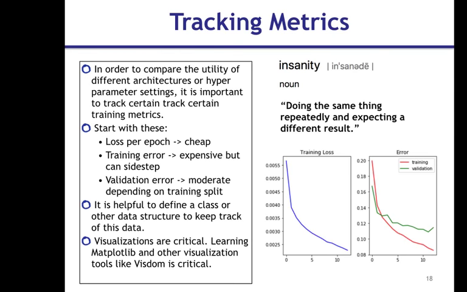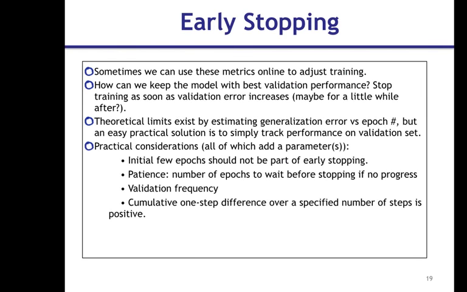Let's go back to this slide. This is not a good example, but if you notice that your network is slowly converging, and the difference is becoming insignificant in the large scheme, you can stop at that point.